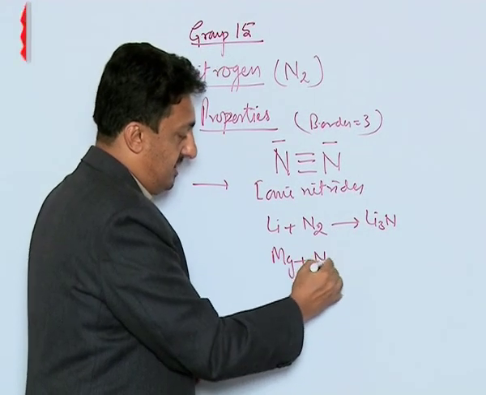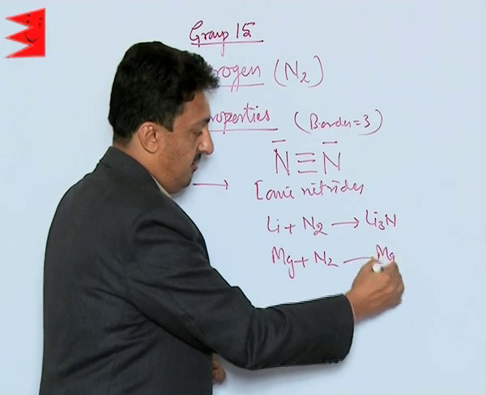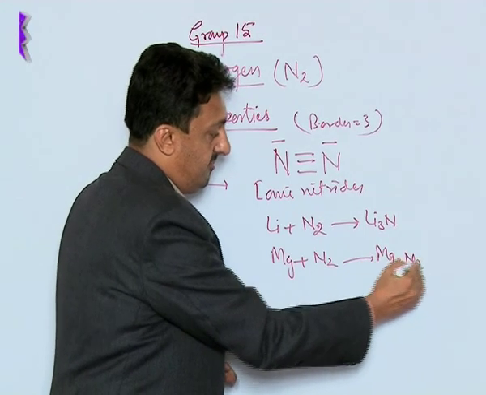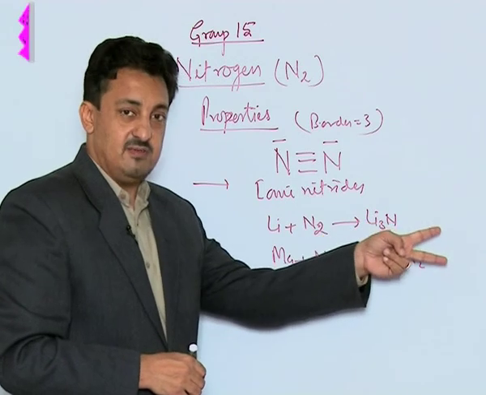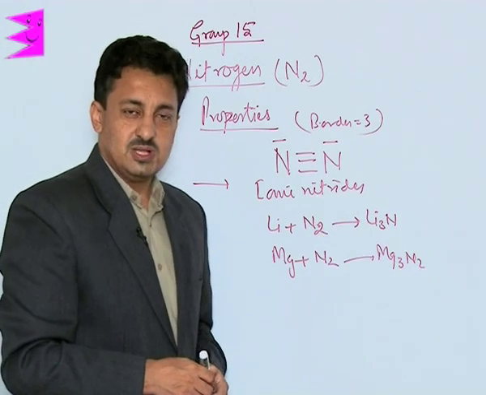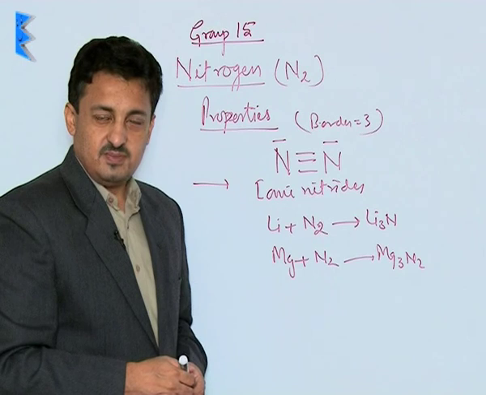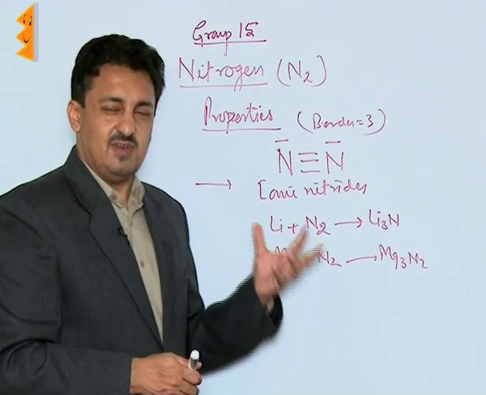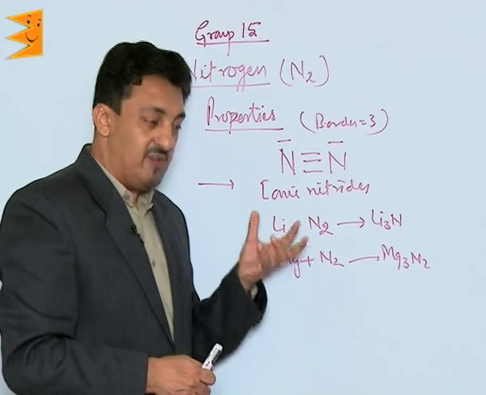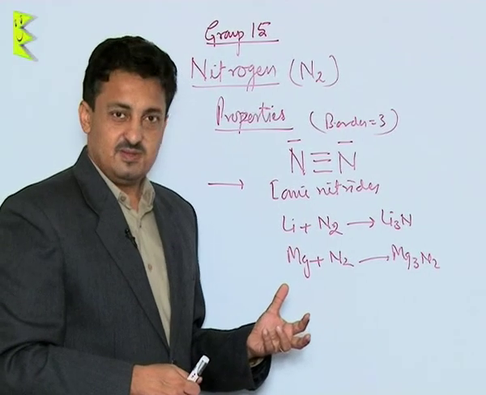It reacts with magnesium and forms magnesium nitride. All of which, when treated with water, give an ammoniacal smell as ammonia is formed. So this is its basic property, that it reacts with very few elements because only very reactive metals can react with it.